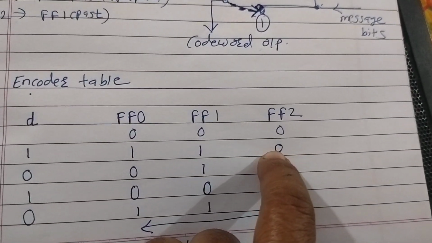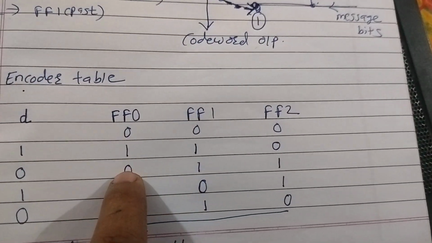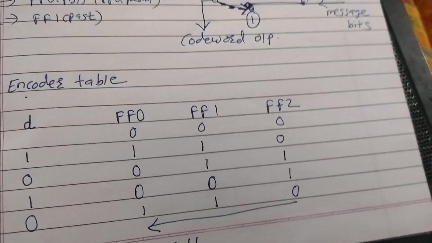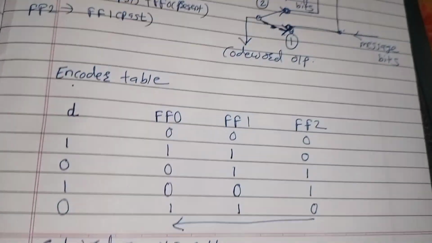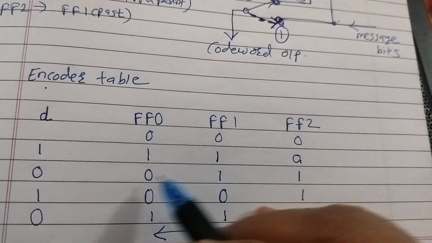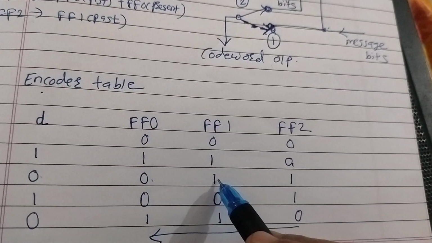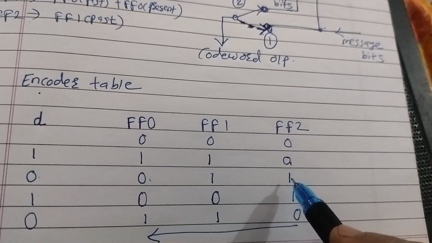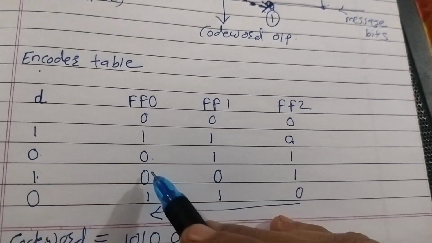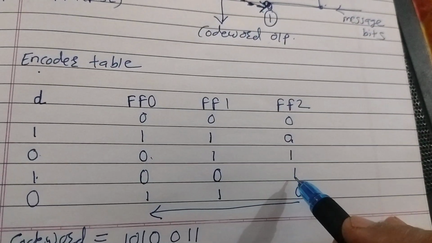Similarly, now you have to do the same operation for this row. 0 plus 0, 0. 1 plus 0. Now for this, 0 plus 0, 0. 1 plus 0, 1. Then this one will appear here. Now for this row, 1 plus 1, 0. 0 plus 0, 0. Now this one will appear here.